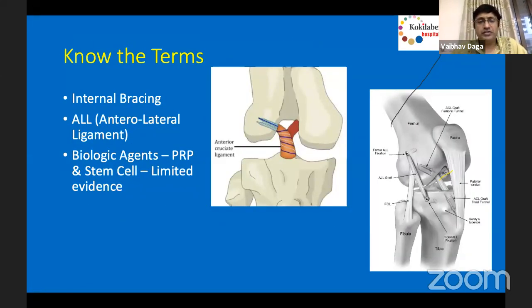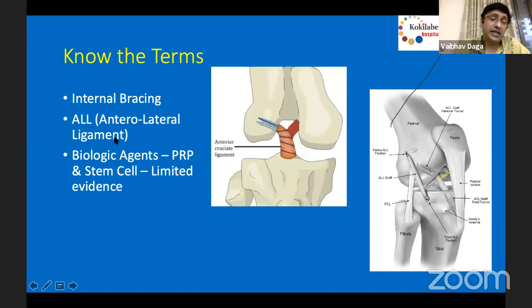Just for physios to know the terms. There are ways of internal bracing which are happening. The ACL reconstruction has evolved. The surgeons are doing internal bracing these days for extra stability of the graft. There is the anterolateral ligament technique which is being done.